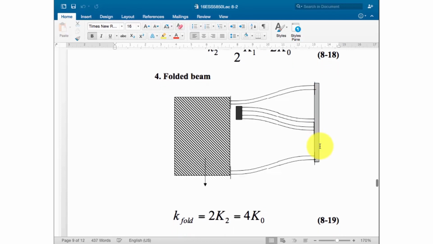That means the spring becomes harder, stronger. So the folded beam finally becomes 2K2, which is 4 times the original spring constant of the folded beam.